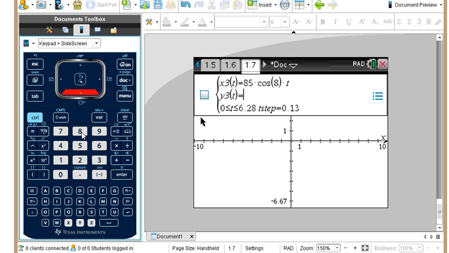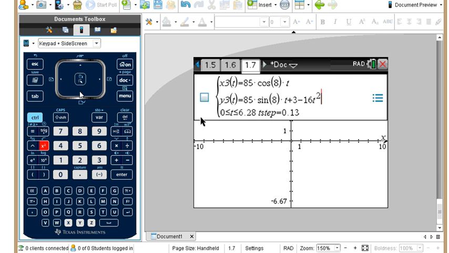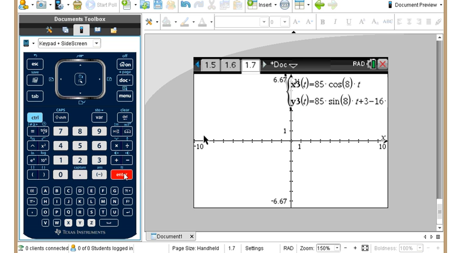For y, we'll put 85 times sine 8 degrees times t, and we're going to add 3, subtract 16t squared, and I'm going to come down here and change this t step to 0.04, and we should get a graphed equation. We could change our window, but I'm just going to press enter.